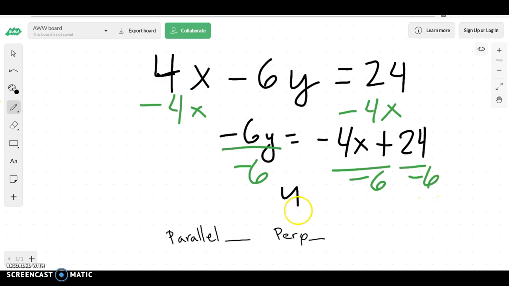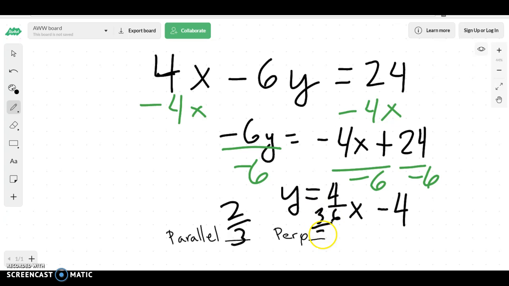Again, that'd give me y is equal to, well, negative and a negative gives you a positive, so 4 over 6x minus 4. Really, 4 over 6 could be reduced to 2 over 3. And then the perpendicular slope would be the exact opposite, which means it flips, and it is negative.